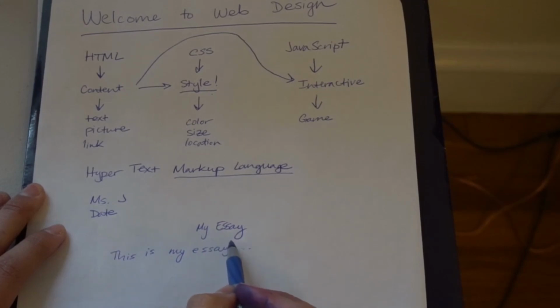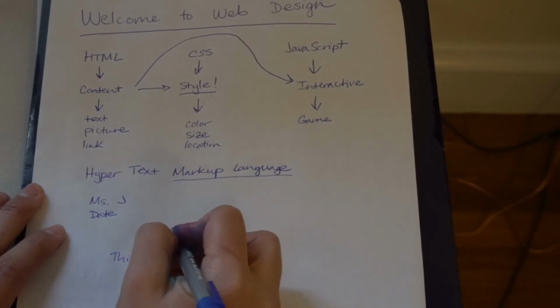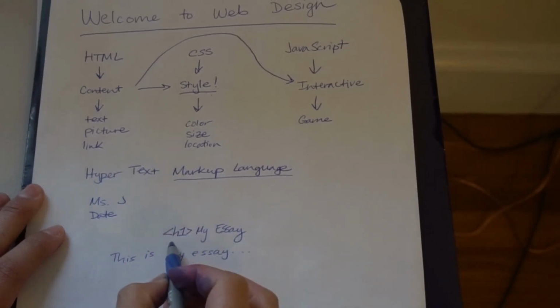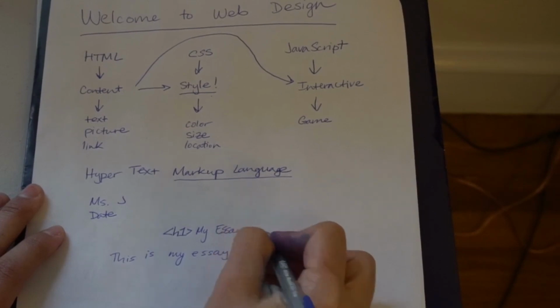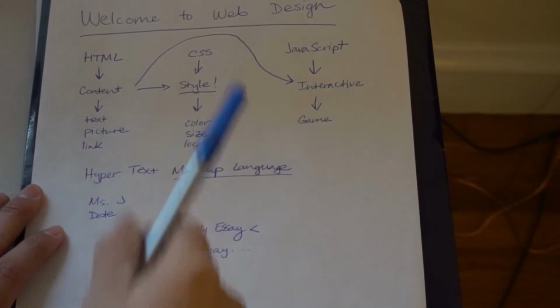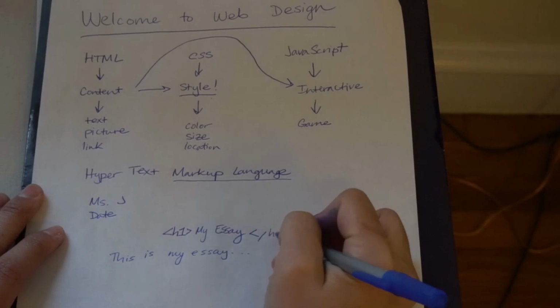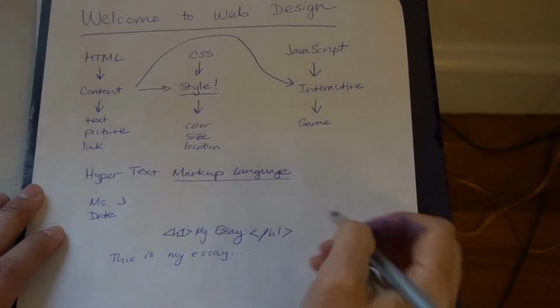And so what it does is there are tags. There's basically little notes you put next to it. So this would be an H1, a heading 1. And then you have to put something so that it knows to end that heading, okay? And this is called a closing tag, right? So we have H1.